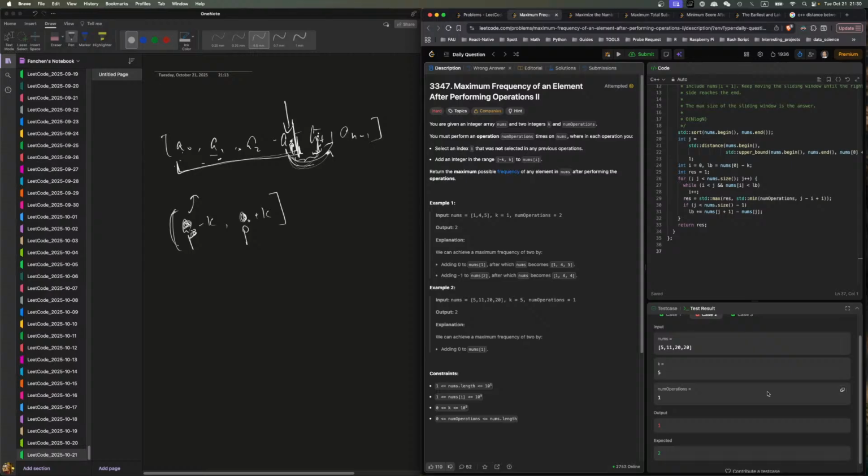Oh, num operations. Oh, I forgot the same thing. Holy crap. Oh yeah, I forgot one thing. That is the target. Now you don't have target. Shoot. Now what is your target?